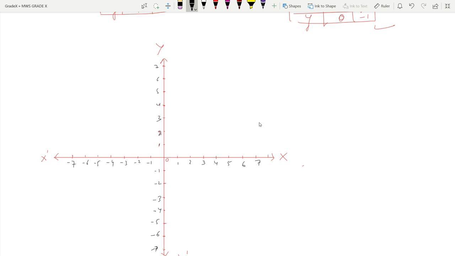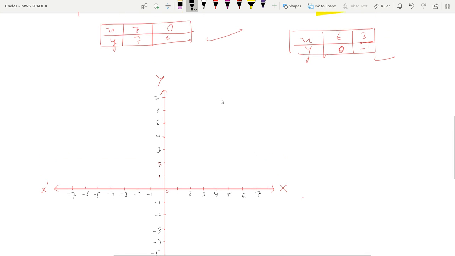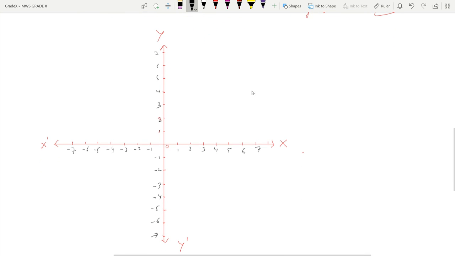Okay, now let us represent these points. First is (7, 7), which will be somewhere on this side, about here.